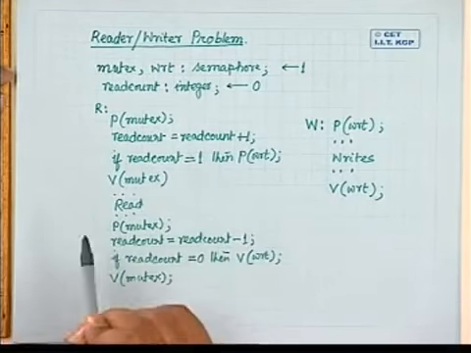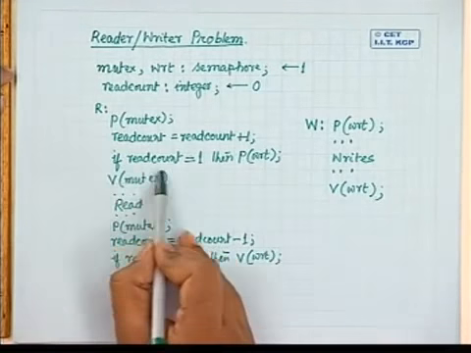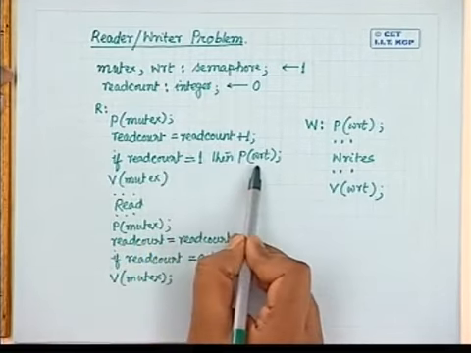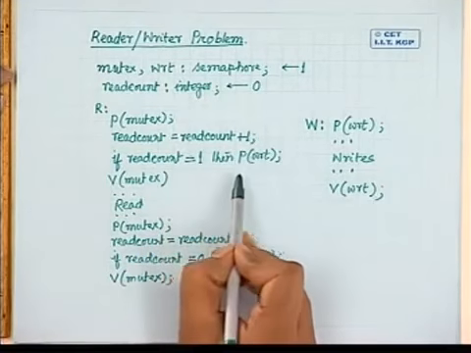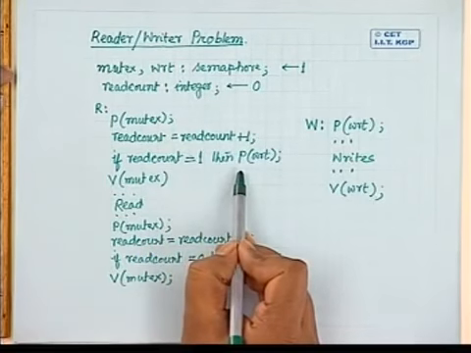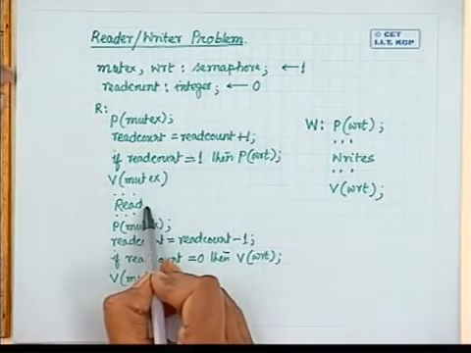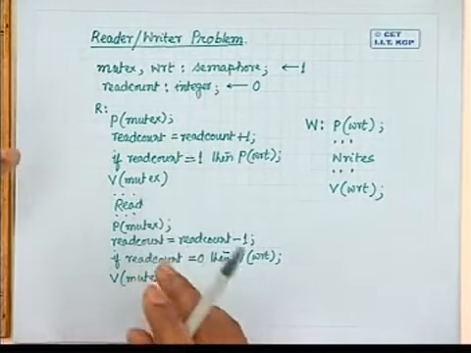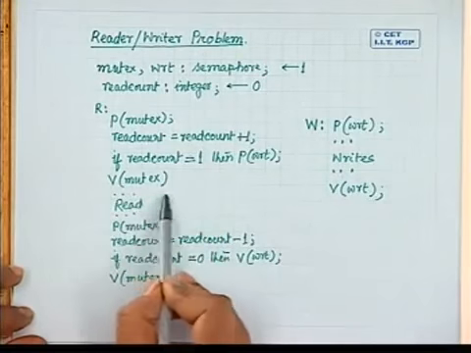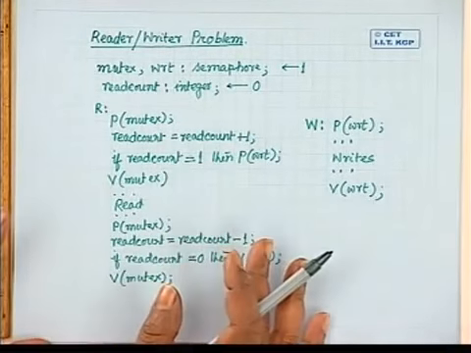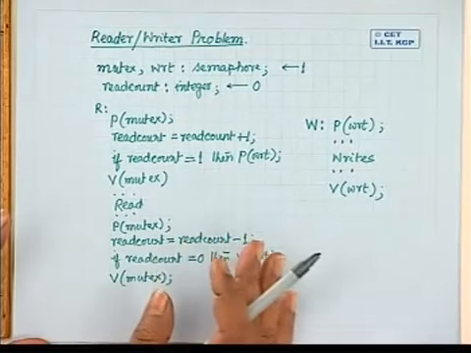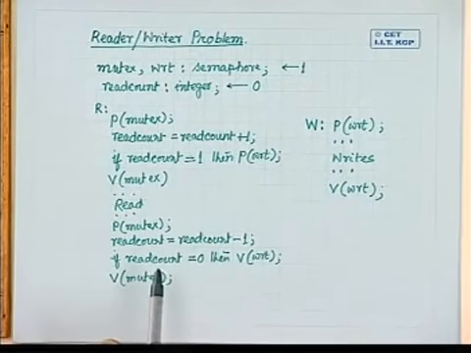So, now the value of read count becomes equal to 2. So, p write will not be performed by the second process. Okay. It will simply perform v mutex operation and start reading the content of the file. So, I have two processes reading the content of the same file simultaneously, and we said that this won't create a problem because none of these processes are going to modify the content of the file.